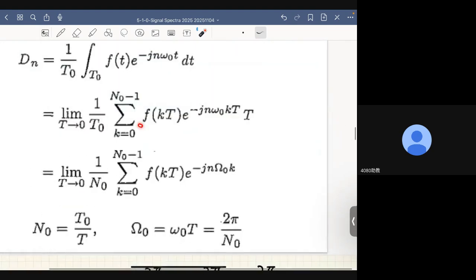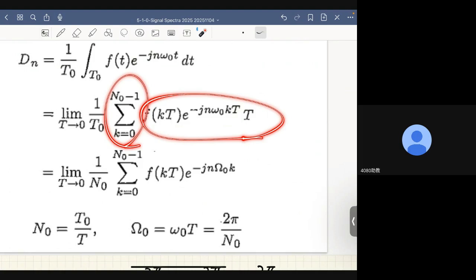So if this is the height, this, of course, is the base of the rectangles. So their product becomes the area of the rectangle, and we have N0 of them. So we need to sum those areas together to approximate this integral, all right?